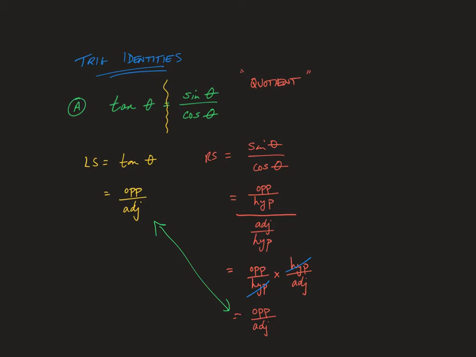Notice we did it independent of each other. At no time did I use the equal sign to prove that they were equal. And by manipulating each side independently and arriving at the exact same expression, I have shown that left side equals right side, and therefore I have proven that identity.